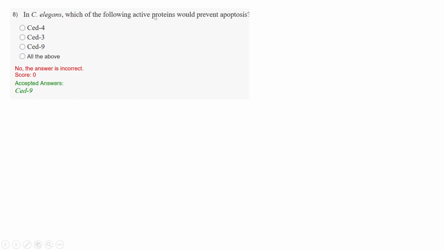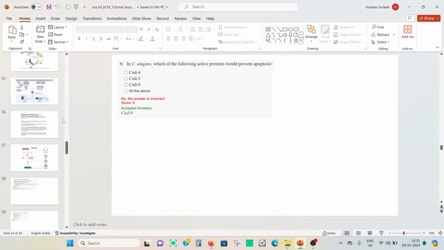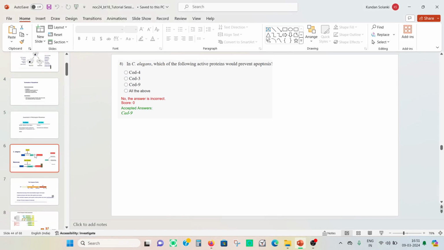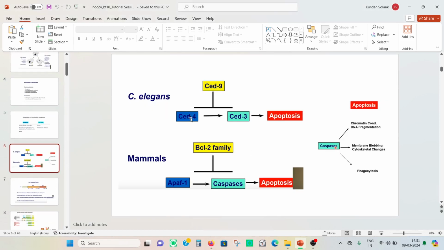In C. elegans, which of the following proteins will prevent the apoptosis? Prevention of apoptosis, what we discussed. What was the pathway over there in the C. elegans? This was the pathway. CED4 was activating CED3 and it was undergoing apoptosis.